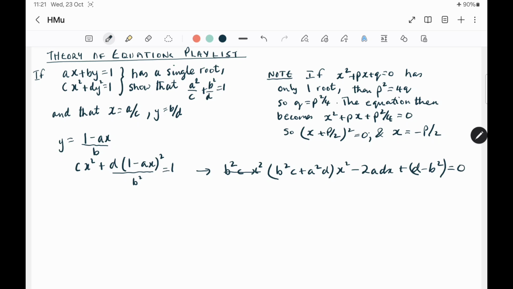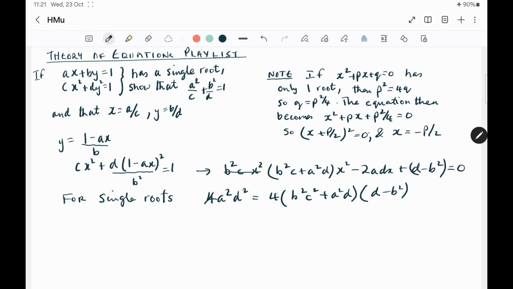Just give me a second to check that that is all right. Yes, yes, and yes. Okay, so for single roots, we know that the discriminant of that has to be 0, so we'll get 4a squared d squared equals 4 times b squared c plus a squared d times d minus b squared.